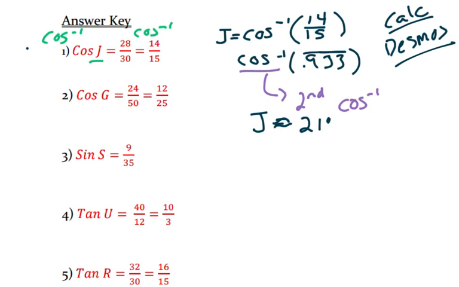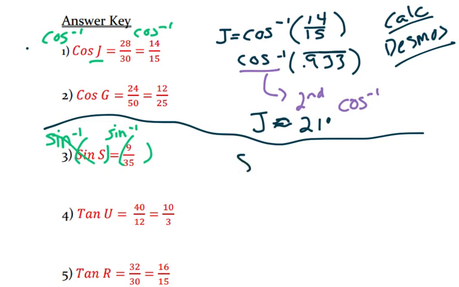So if I look at 3, sine, so to get rid of the sine, I have to do sine inverse. So it's like sine to the -1. On the left side, the sine and the sine inverse cancel out, so I'll just end up with S equals sine inverse of 9 over 35. So we'll do the same thing.